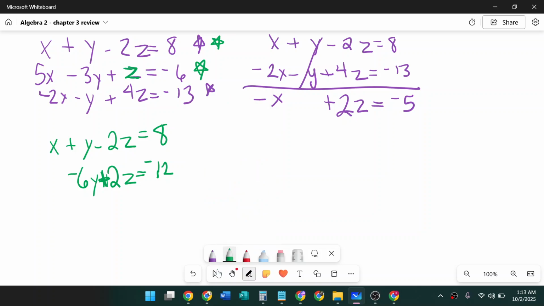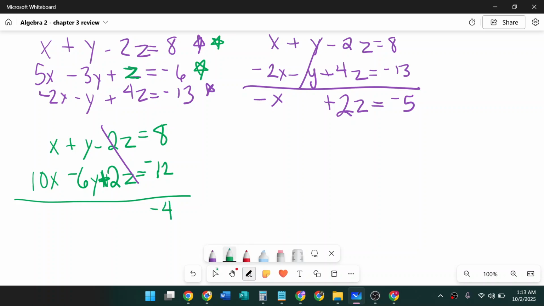So negative 6 doubled, z doubled, negative 3 doubled, 5 doubled.